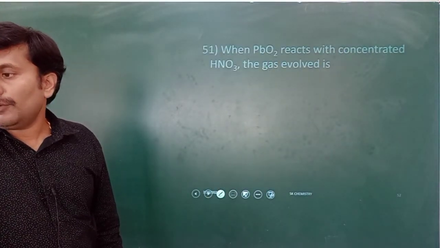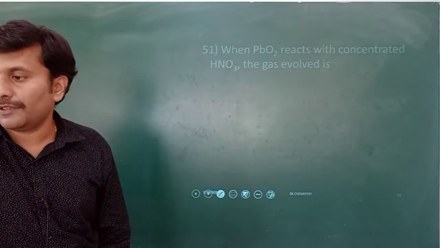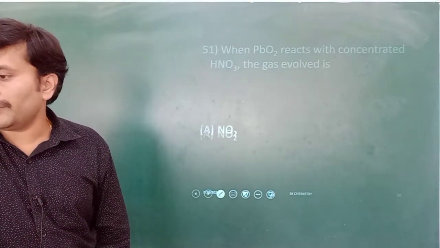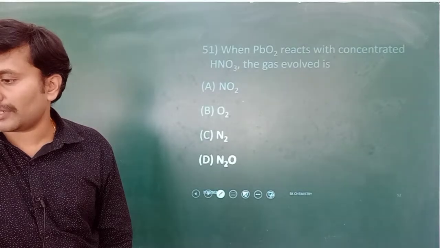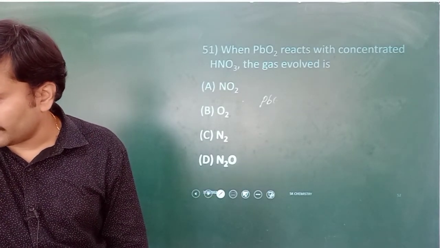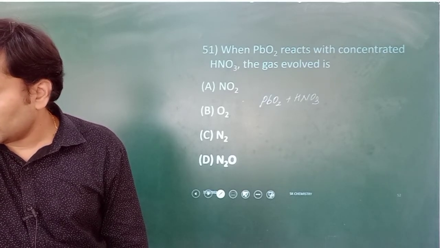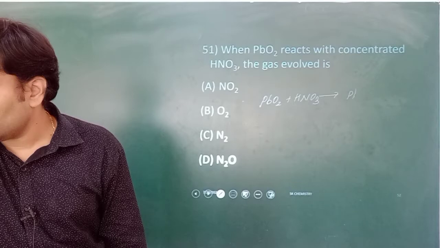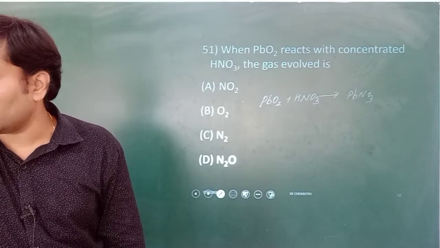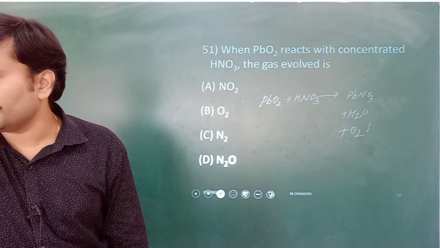PbO2 reacts with concentrated nitric acid. The gas evolved is? Here definitely it has to be NO, NO2 or O2, or what it is. Very simple question if you know the reaction, well practiced. You can answer, or else you can't answer in the exam.